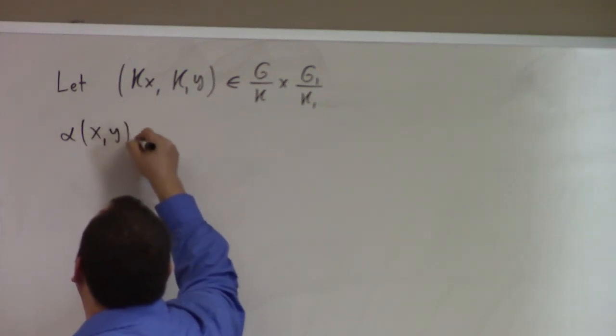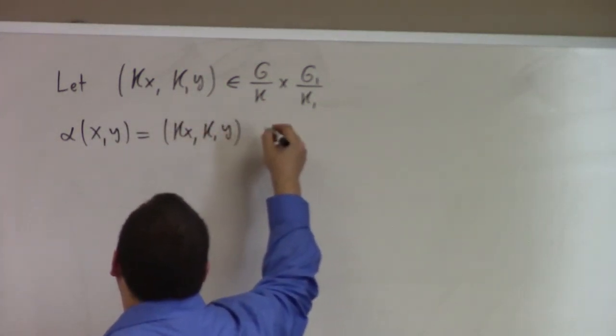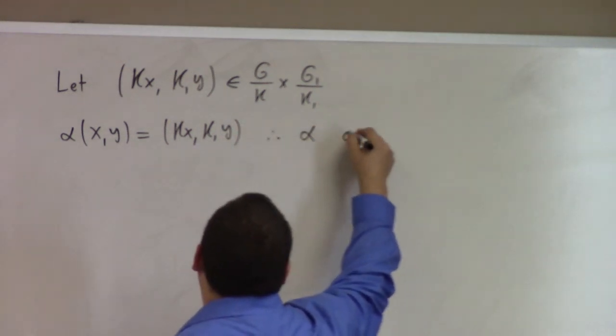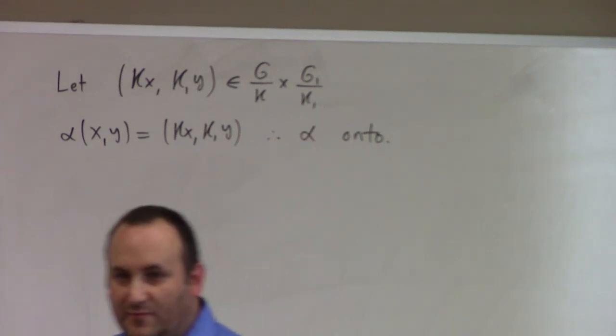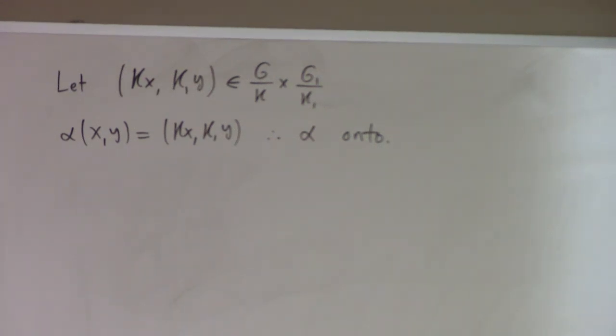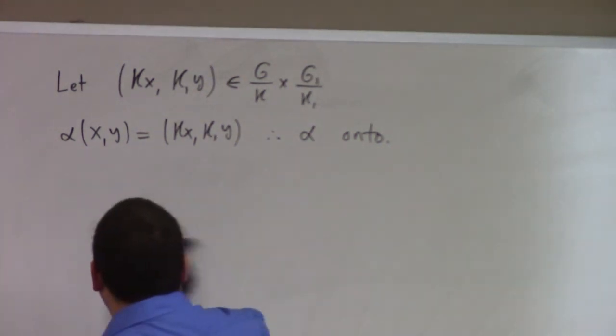Okay, so it's almost embarrassing to write this down. This is a good example of a map where you could say alpha is clearly a surjection, right? It is something you should write if you're going to use it logically, but I wouldn't be super upset with you if you didn't prove it here, because I do think it's clear.